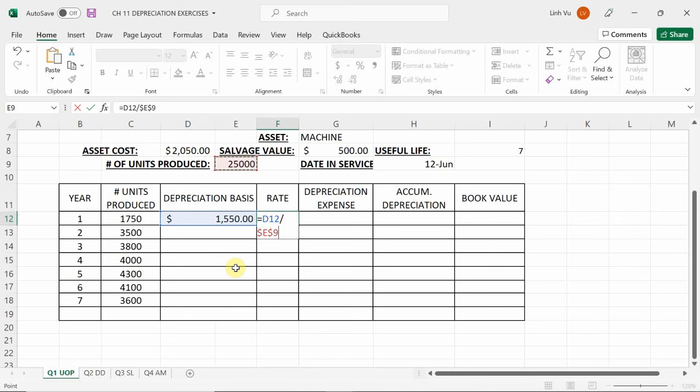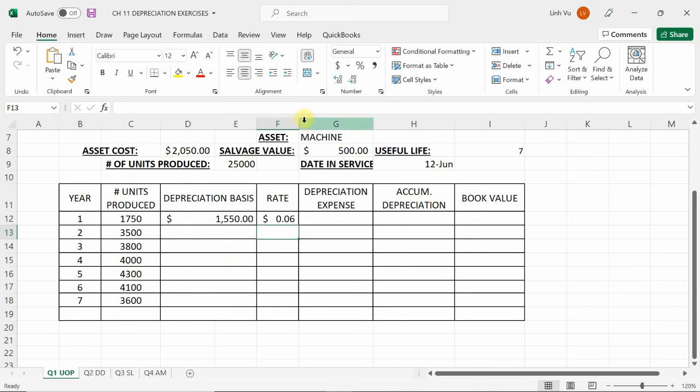It's going to give me maybe 25 cents, maybe $1.50 or something like that, right? So then when I figure out my depreciation expense, if I produced 1750, what's my per unit rate going to be? That's the number that I'm solving right here. How much is it going to cost me to produce one unit? The 0.062.